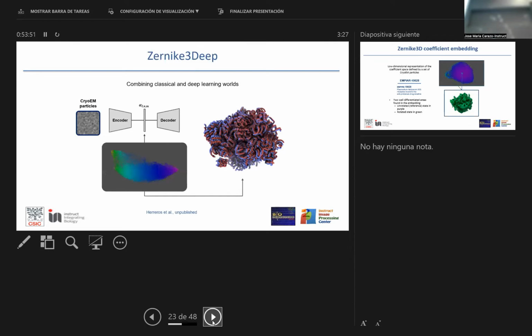In principle, we could have larger, but 20 to 40 is something that gives us a smooth landscape, and we think we are not overfitting.